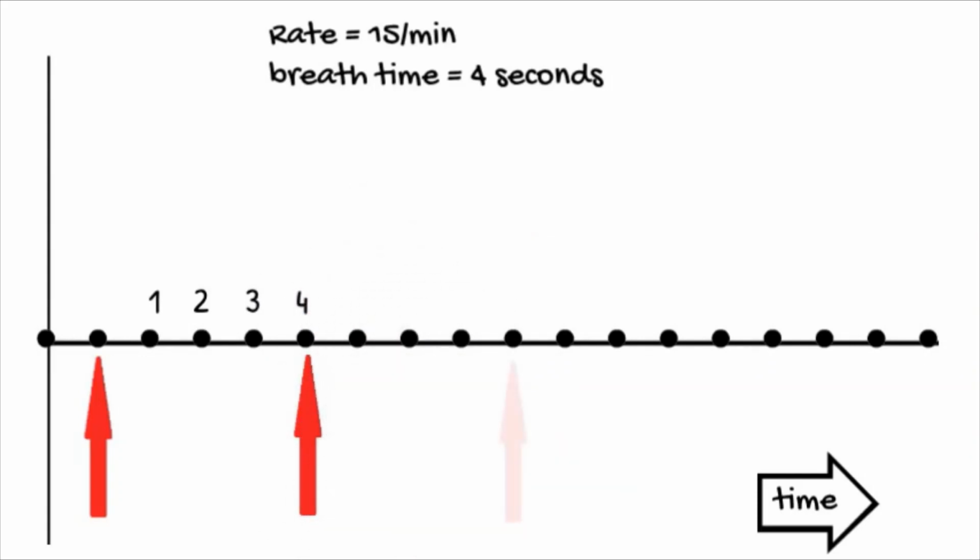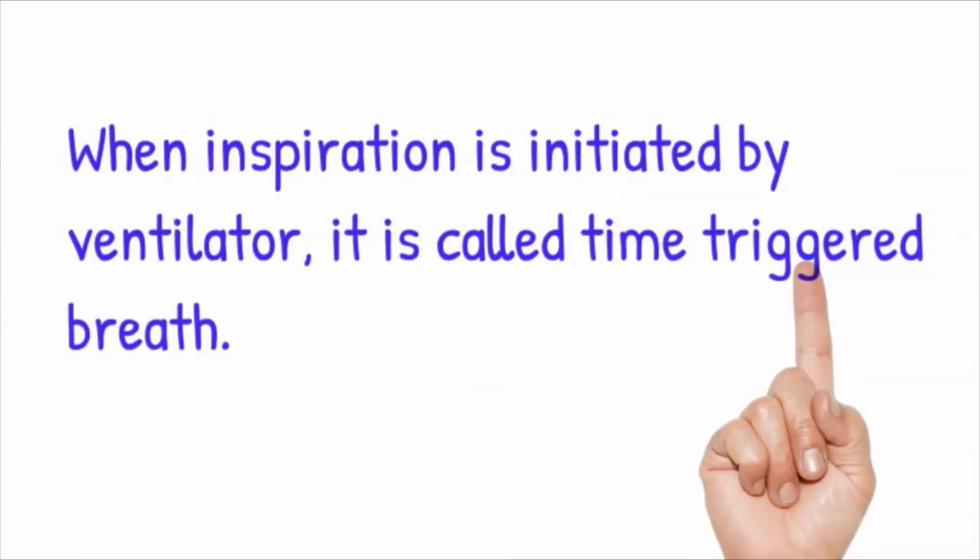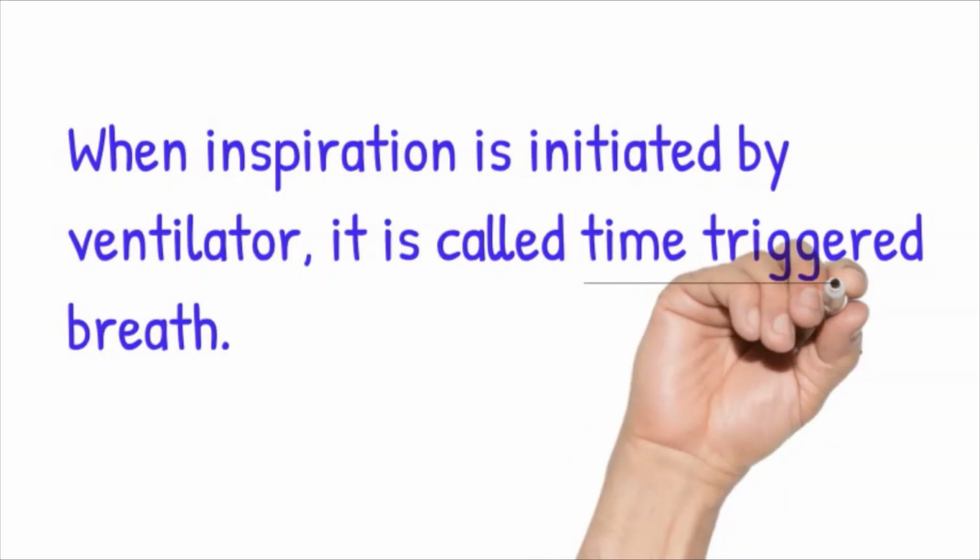If the ventilator has to initiate a breath with this setting, it has to do so after every 4th second from the previous breath or previous trigger. Similarly, if we set the rate equal to 20 breaths per minute, each breath will be delivered or initiated at the 3rd second. When inspiration is initiated by the ventilator, it is called a time trigger breath.